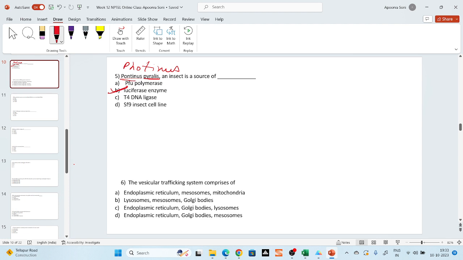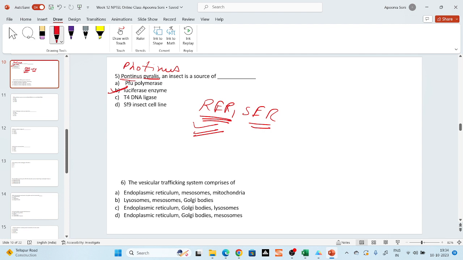What is the difference between rough endoplasmic reticulum and smooth endoplasmic reticulum? Can anybody tell? What do RER stand for? What do they have? It's very simple.